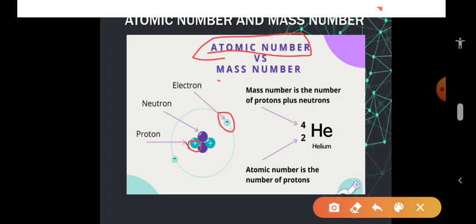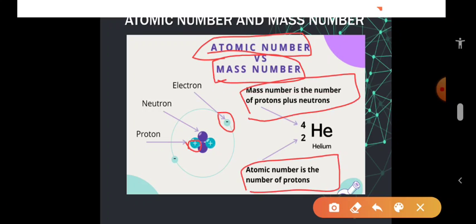Now the next one is mass number. What is mass number? Mass number, here it is clearly written. Mass number is the number of protons plus number of neutrons. See, don't get confused with atomic number and mass number.